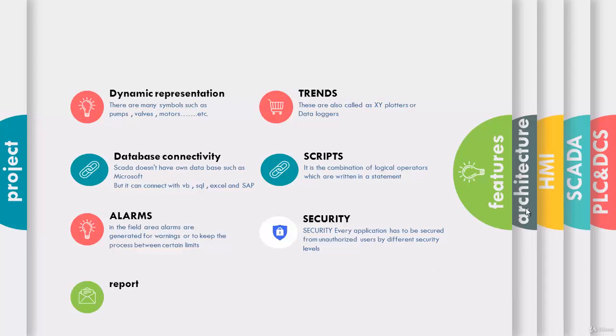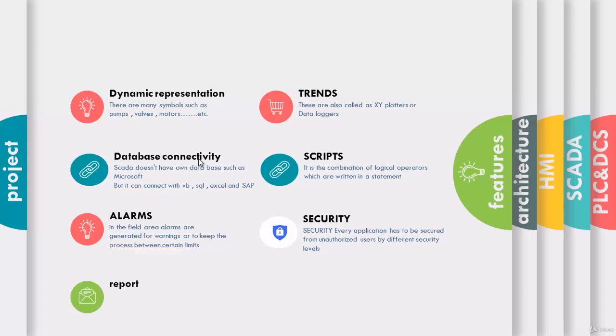Trends can be represented as XY plotter or data logger. Database connectivity: because the SCADA doesn't have its own database, we are using VB such as Visual Basic, SQL, or database of Excel, or even database of Microsoft.